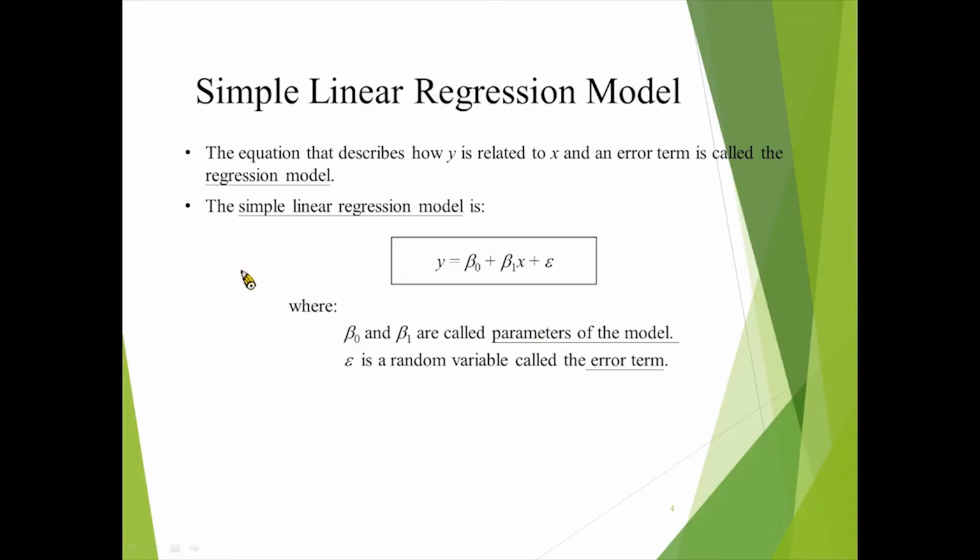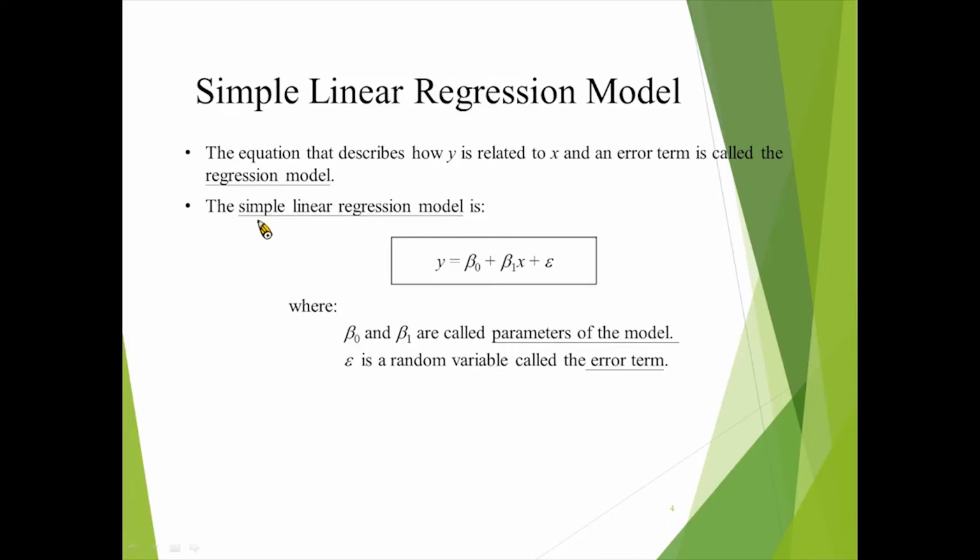Okay, so now we will talk about the simple linear regression model. The equation that describes how y is related to x and an error term is called the regression model.